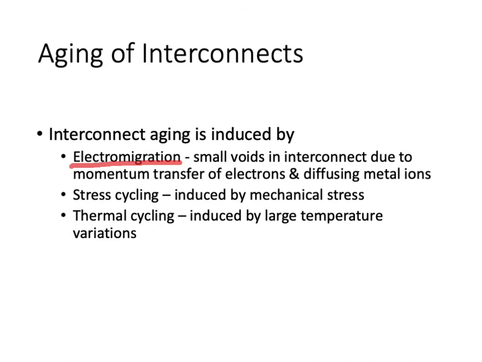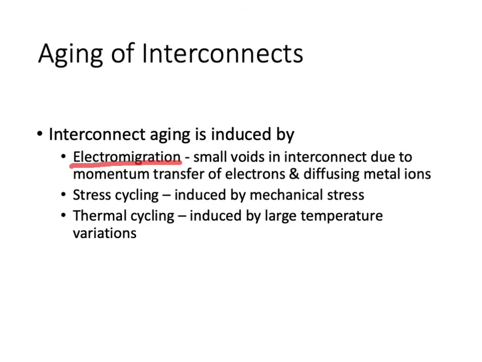When you keep the electric fields on, when the metal layers are actually conducting, because this is now under high electric field conditions, it's the same voltage but the dimensions are small, the velocity and the acceleration of the charges are really high. So they hit, and there's momentum transfer between the electrons and the metal ions.